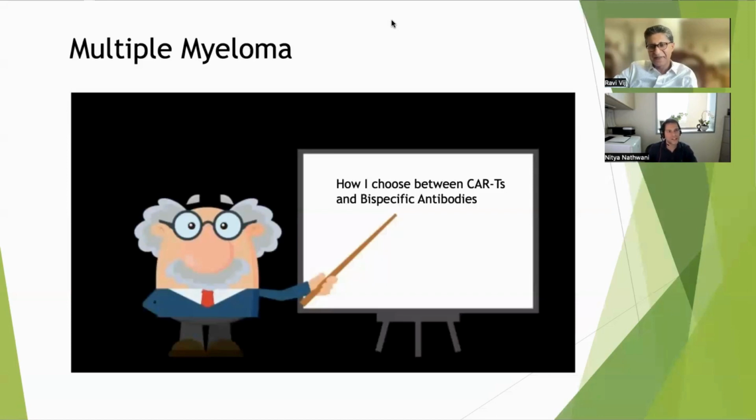So we've already seen some changes coming out where they don't need to be dosed as frequently, not necessarily every week, because we are seeing a lot of infections with frequent and prolonged use of bispecifics. So I think, once we can make them safer and also easier, I see them being used in earlier lines.